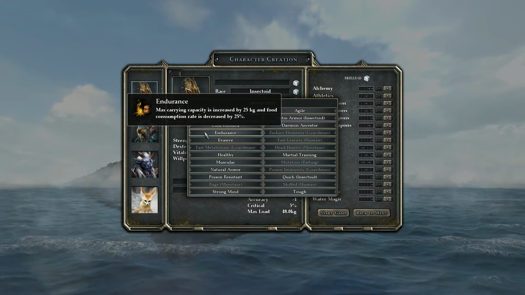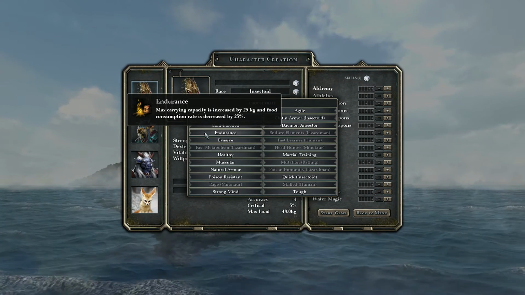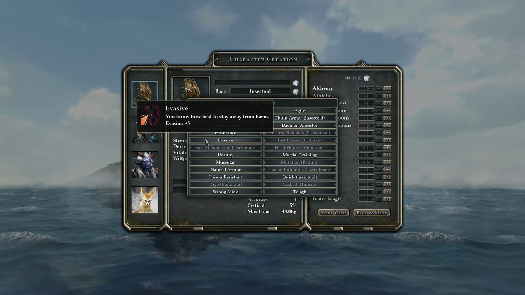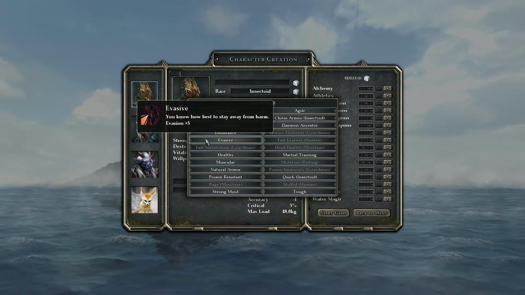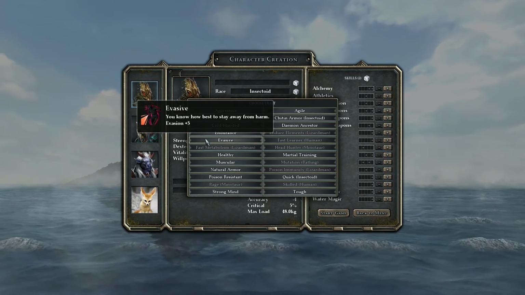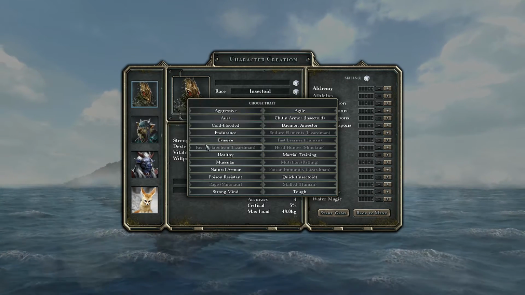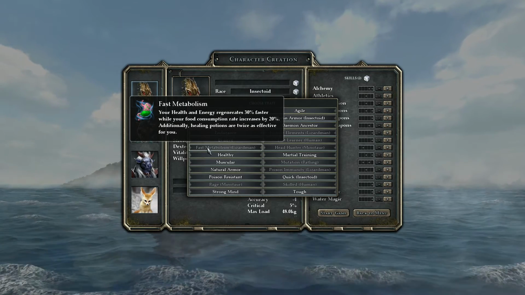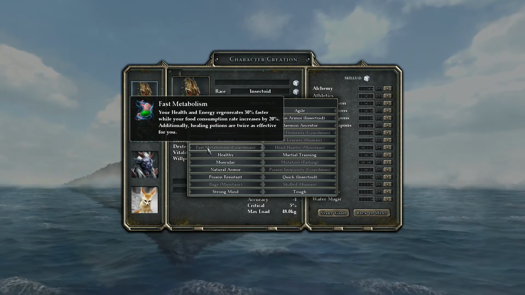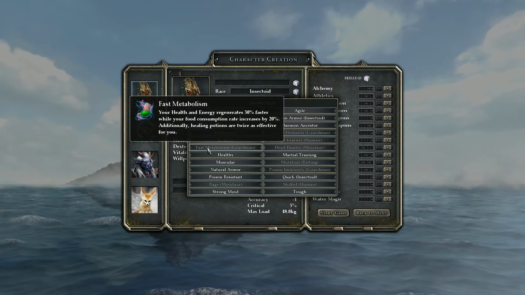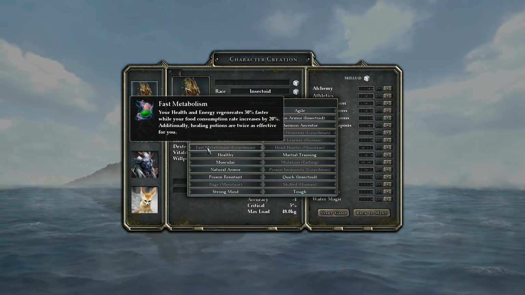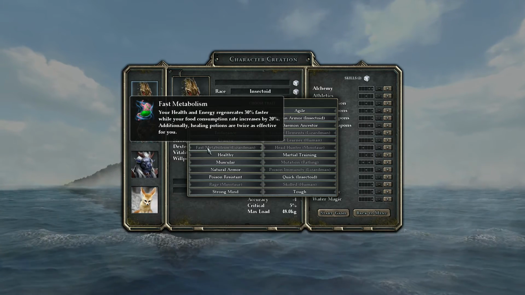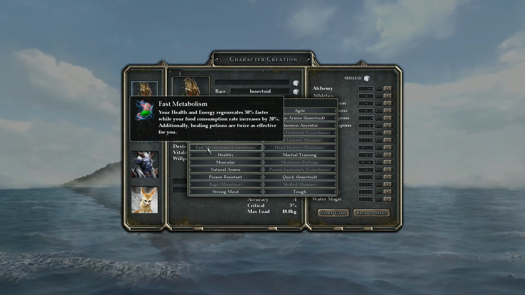Maximum carrying capacity is increased by 25 kilograms, and food consumption rate is decreased by 25%. Evasive. You know how best to stay away from harm. Evasion, plus 5. Fast metabolism. Lizard man only. Your health and energy regenerate 30% faster, while your food consumption rate increases by 20%. Additionally, healing potions are twice as effective on you.